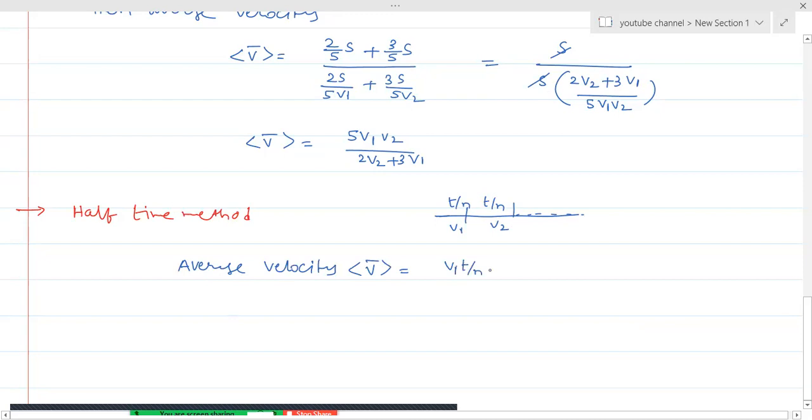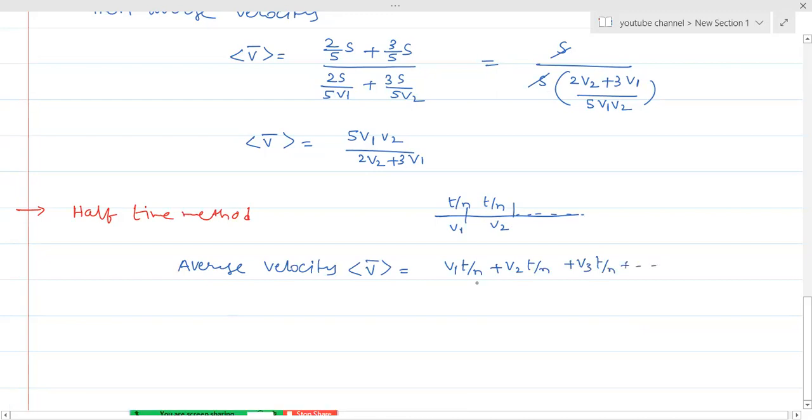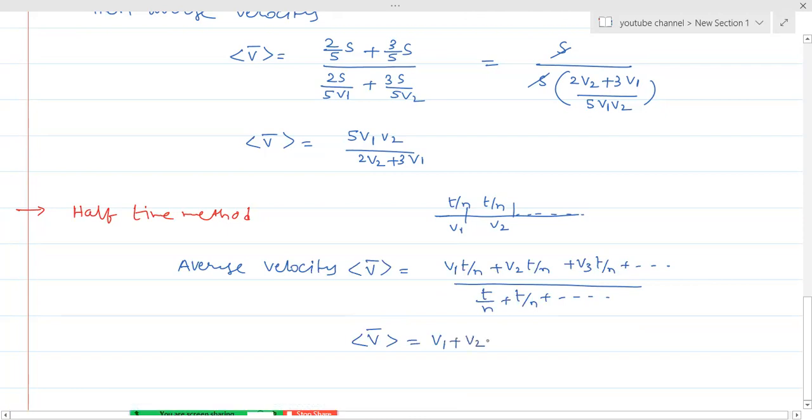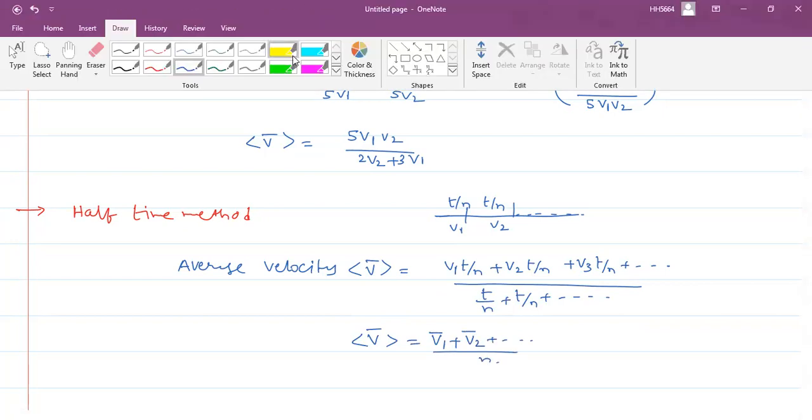So v1 into t by n plus v2 into t by n plus v3 into t by n and so on, by time taken, which is t by n plus t by n and so on. By using this, we will get average velocity as v1 plus v2 plus so on, by n. Normal average.